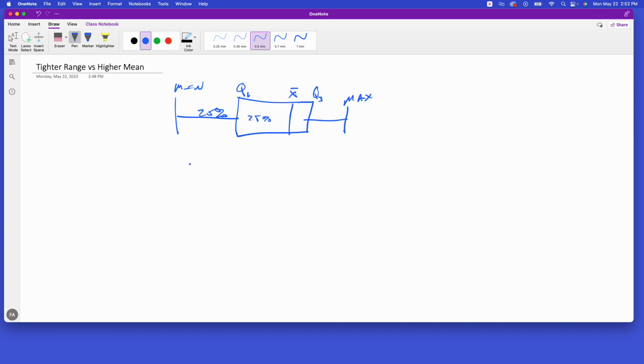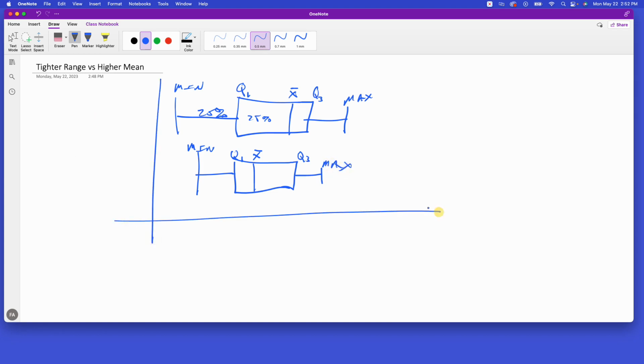Now, let's just say that we have a second data set, and it looks more like this. Again, you have your minimum, you have Q1, you have X bar, and you have Q3, and then you have your max. And let's just say this is all on the same grid.